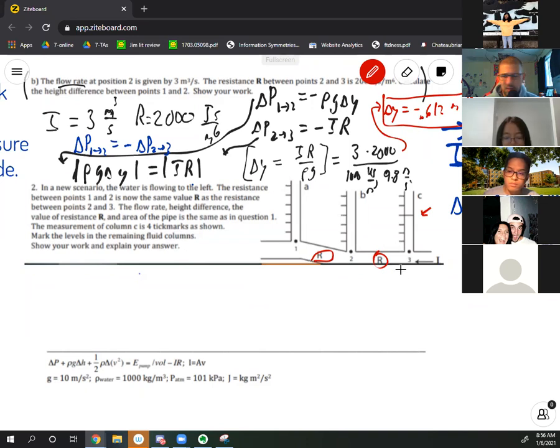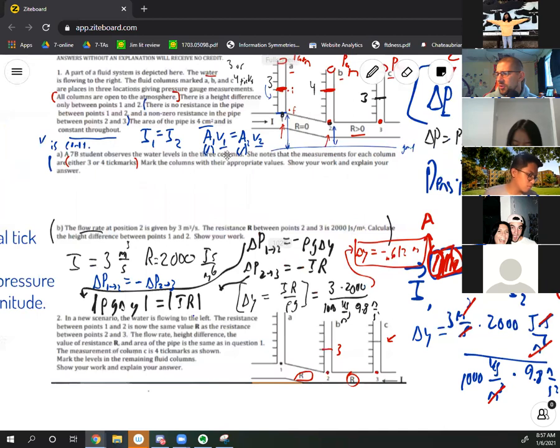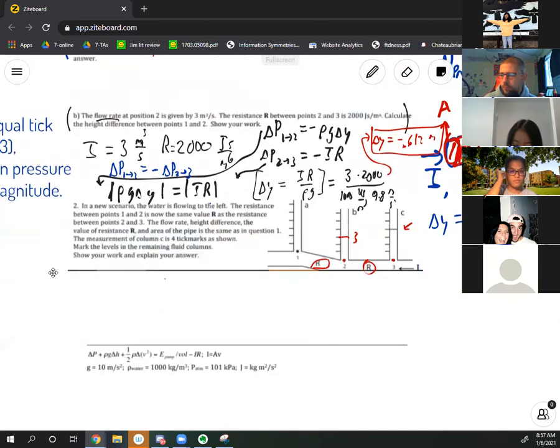Because everything's the same between 3 and 2, except for the direction of current flow, the magnitude of pressure drop is the same. We're going to have the same drop in pressure, so we're going to drop a tick here. And again, that's the kind of thing you can show rigorously using the Bernoulli equation, but since we're a little low on time, I'll leave that. It's the same exact calculation type as we did in question 1.